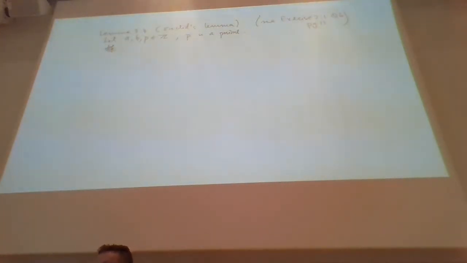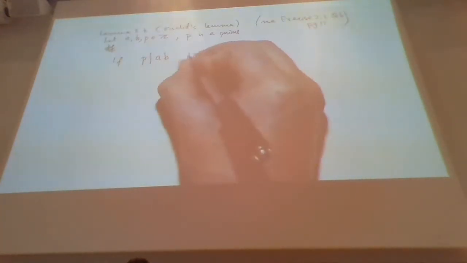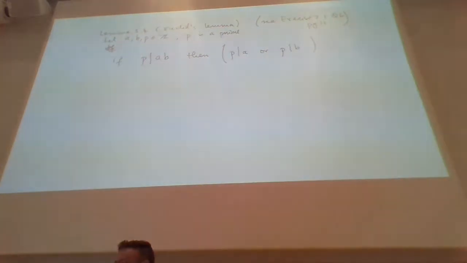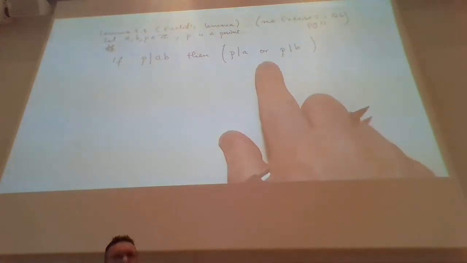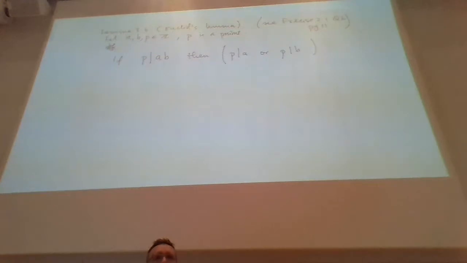It would be strange to use it for something that isn't a prime in number theory. So Euclid's lemma says that if p divides the product ab, then p divides a, or p divides b. So if a prime divides a product, it must divide one of the factors. It might divide them both. Remember, this or isn't exclusive or. It could be that p divides both of them, but it must divide one of them.